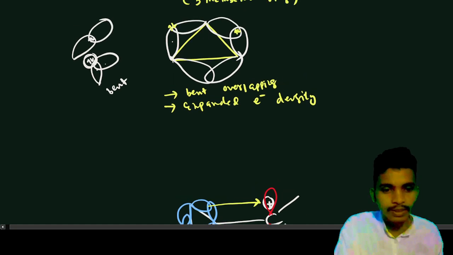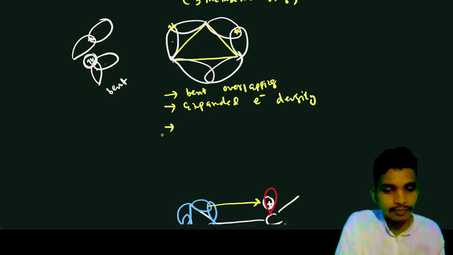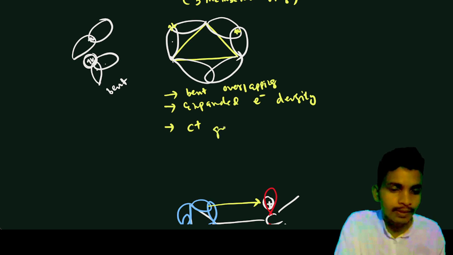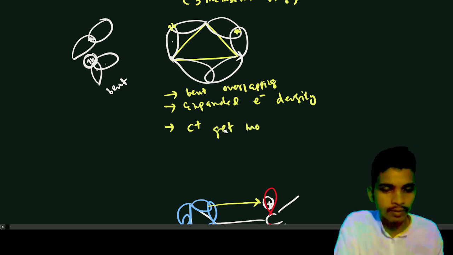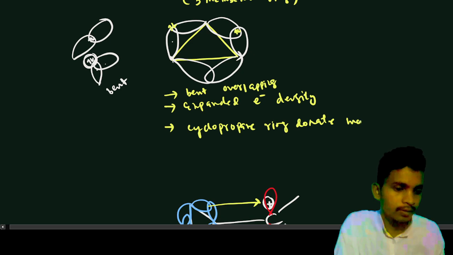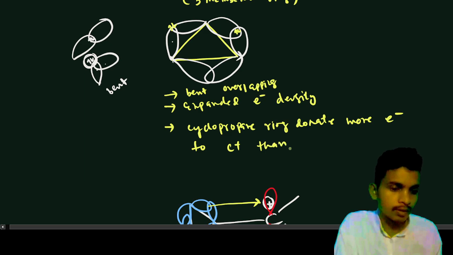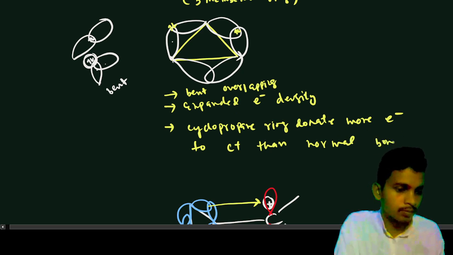So that's what we have seen here, that whenever we have a bent orbital, it means the expanded electron density is there. I can write: cyclopropane ring donates more electrons to carbocations than normal bonding orbitals.